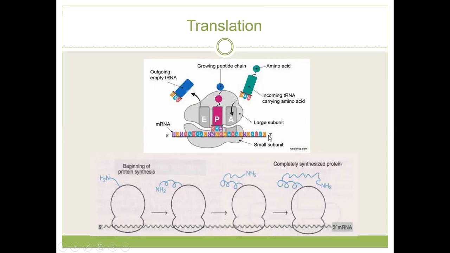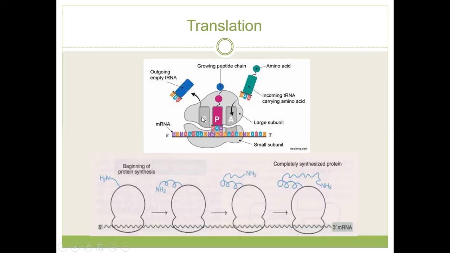You can see the messenger RNA here, with the nucleotide codons. And here is the transfer RNA. You can see 3 transfer RNAs here: the new one coming, the one that contains the peptide, and the other one going.